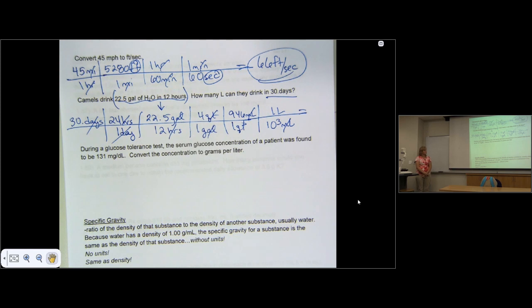Does this setup make sense? Make sense or not? What do you get on your calculator?